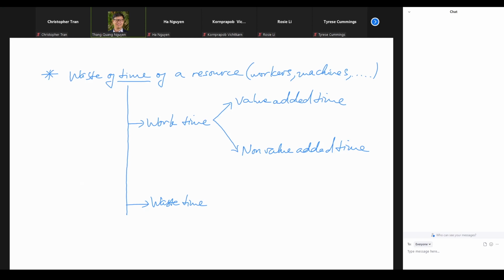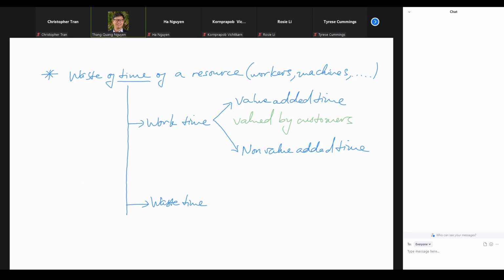So we say that it is a value-added time because that time will produce something that will be valued by the customers, right? Then we call that a value-added time or the value-added activity.